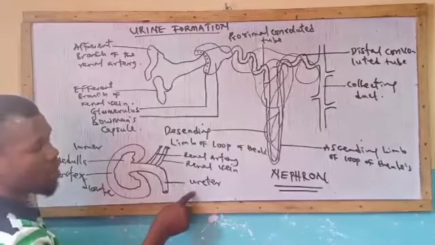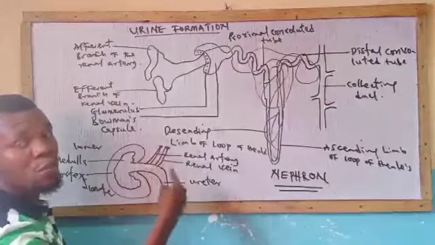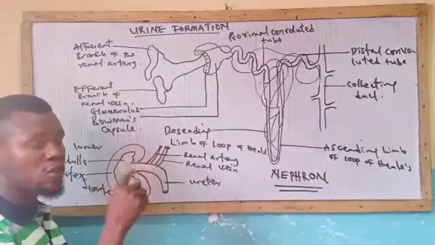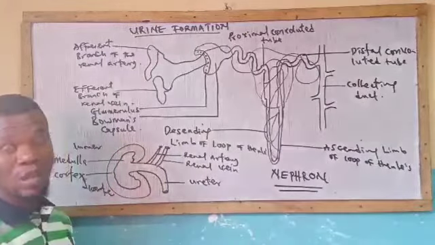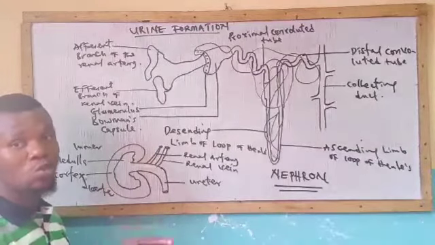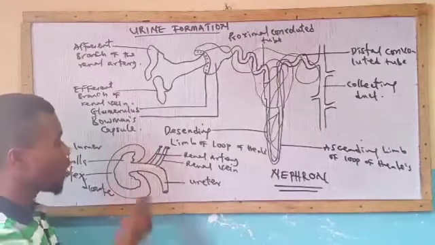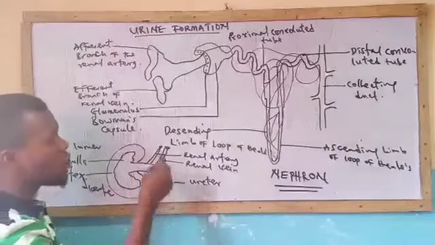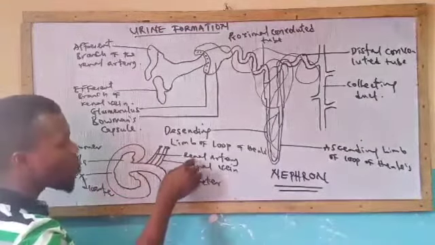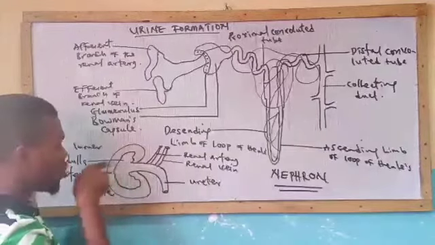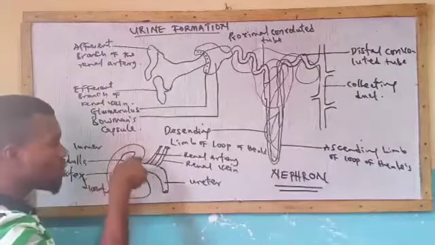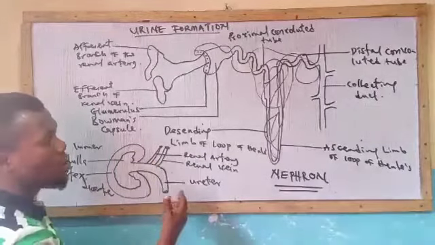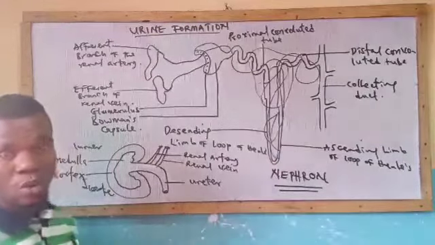Then this is the ureter. After the process of urine formation, the filtrate will be dropped into the ureter to reach the bladder, then the urethra. Now, this is the renal artery and renal vein. The renal arteries supply blood to this kidney, to the nephrons inside this kidney. The renal artery branches into renal arterioles.